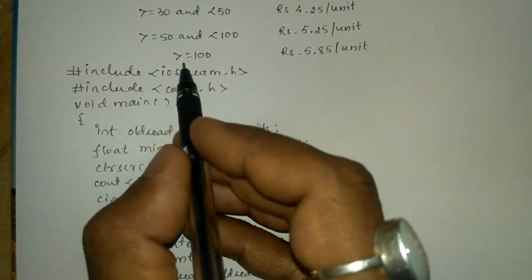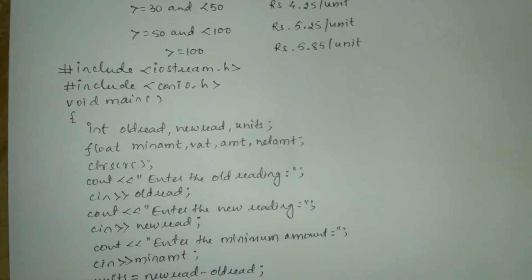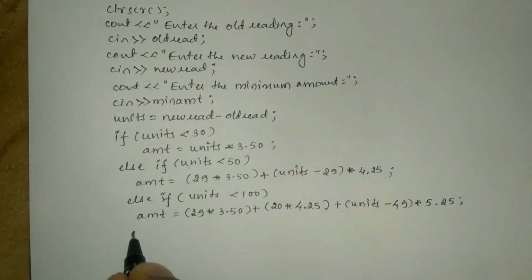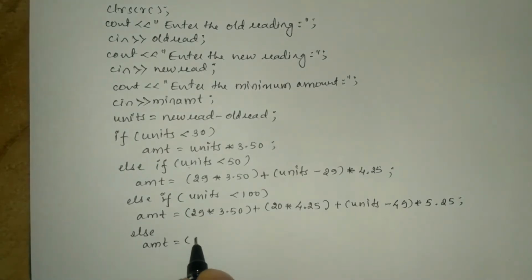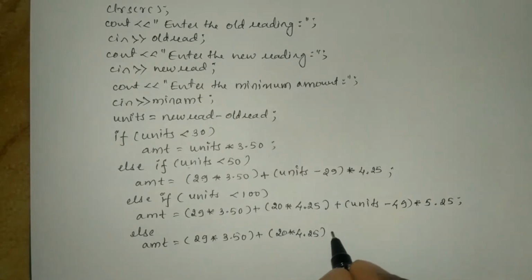If the units are greater than or equal to 100, here you can see in the condition they have given, if the units are greater than or equal to 100, then it has to be charged 5.85 per unit, right? So here I'm going to write else part, else amount is equal to, for the first 29 units 3.5 rupees, plus the next 20 units has to be charged 4.25 rupees per unit, plus here we are going to get 50 units, right?